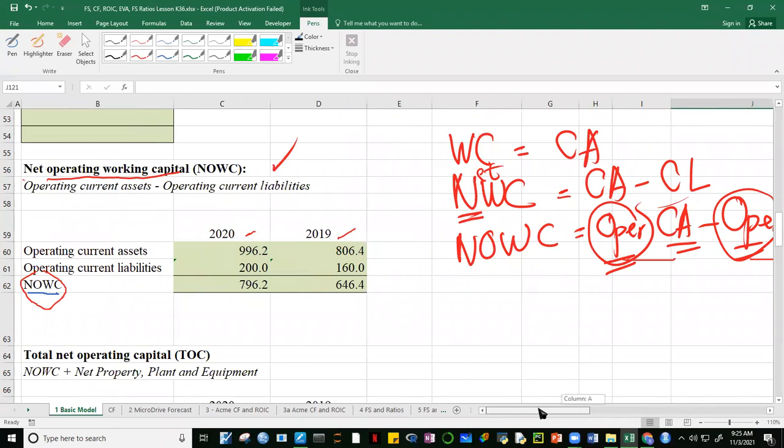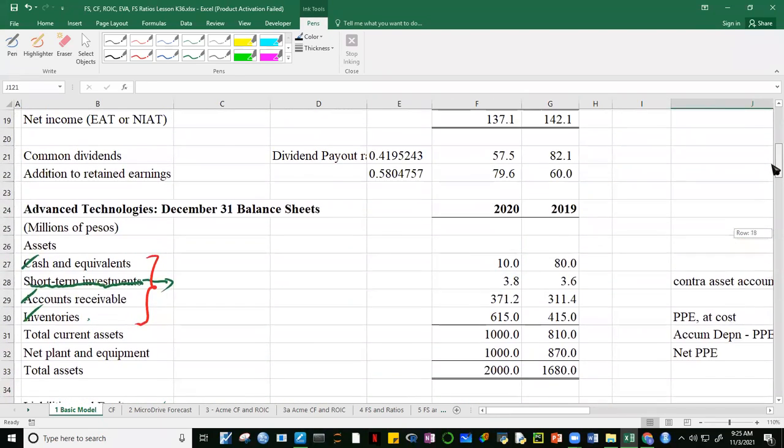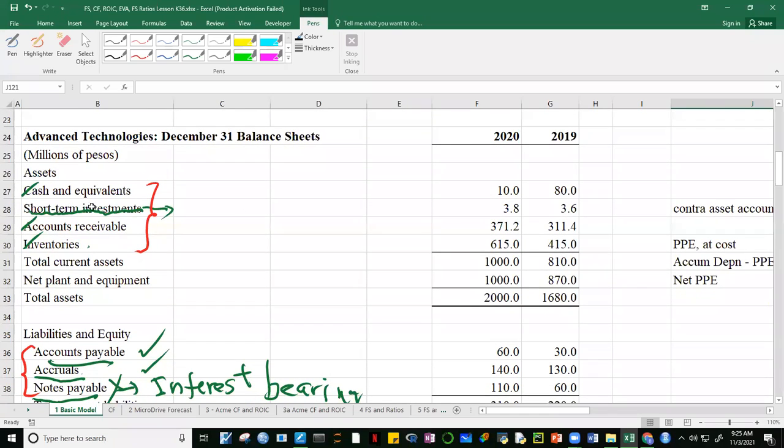Now, we said last time that when we deal with operating current assets, let me point to the balance sheet. We have cash. Our current assets here include cash and cash equivalents, short-term investments, accounts receivable, and inventories. We said that of the four, only short-term investments is not part of operating current assets.